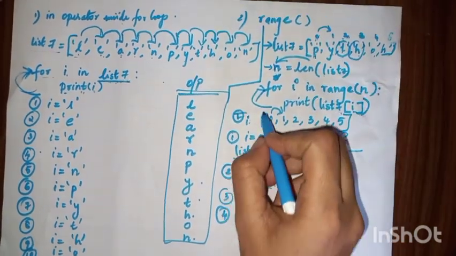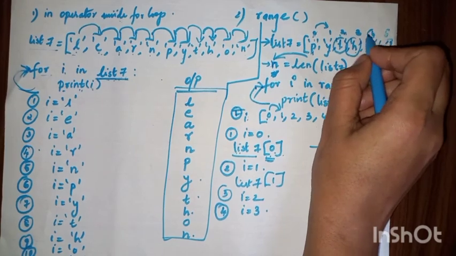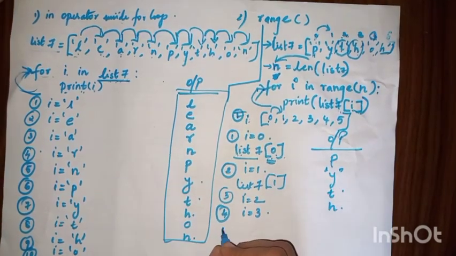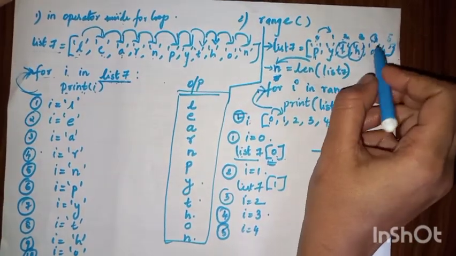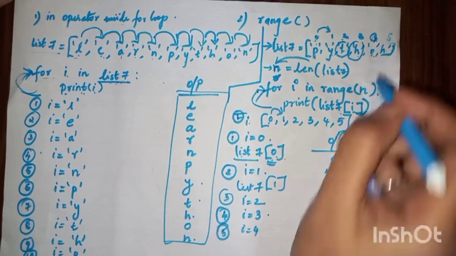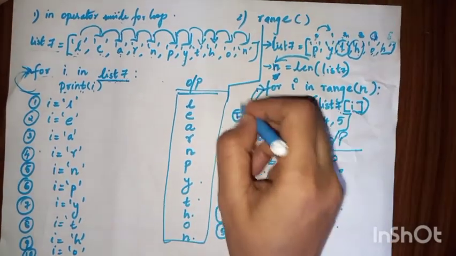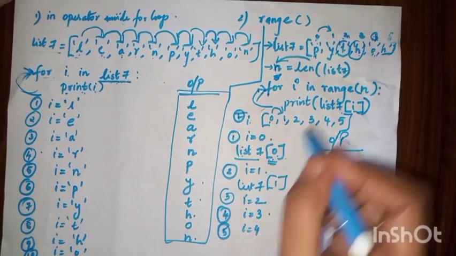Again it will go to the start of the for loop. Again the value of i will become 4. So, in the fifth iteration i is equal to 4 and the value corresponding to index 4 will be printed, that is O. Again the for loop will start its execution. The value of i will become 5.